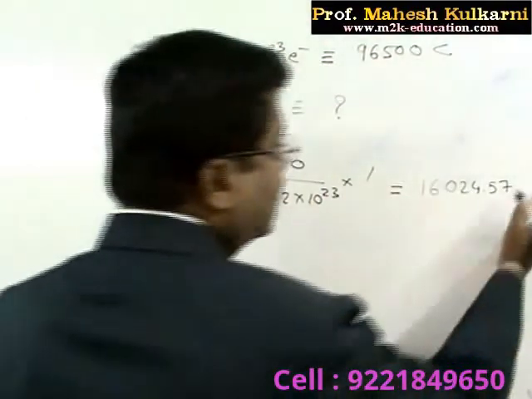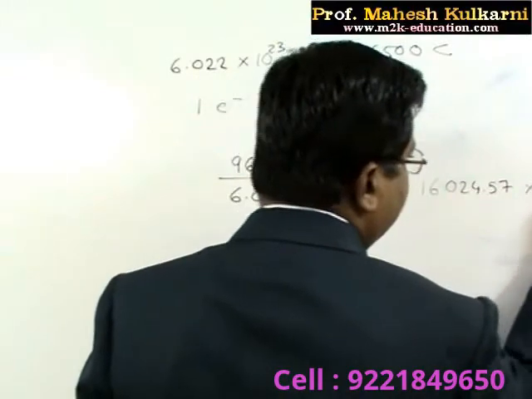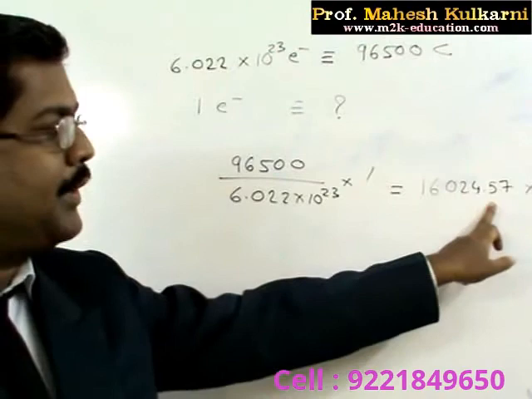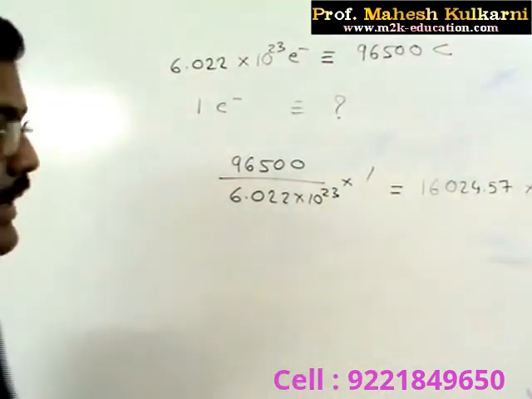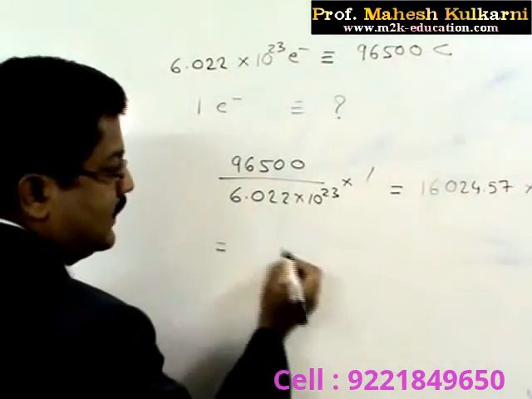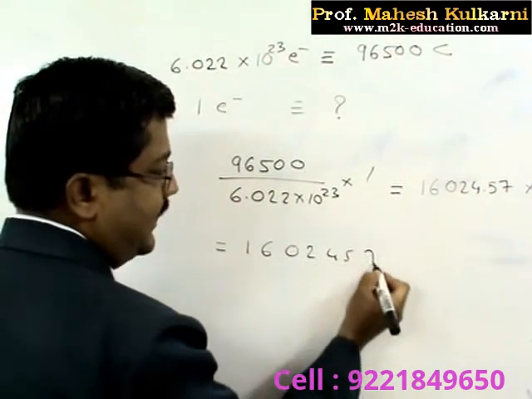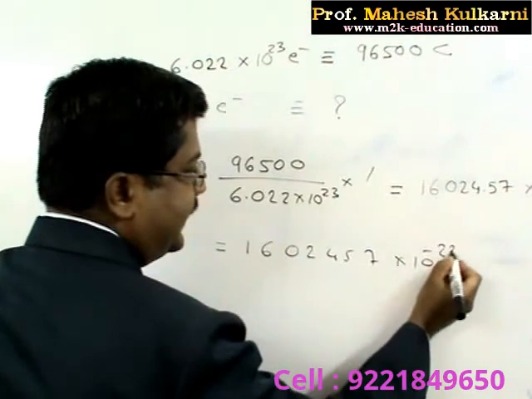This answer comes as 16024.57 into 10 raised to minus 23. I don't want this, so I have to write it this way, 1.602457 into 10 raised to minus 23.